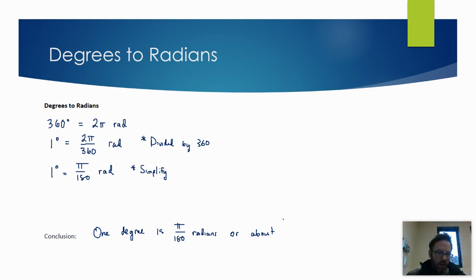It's about 0.0175 radians, so pretty tiny in terms of radians. So that's how we can convert from degrees to radians. Now that we have these conversion factors, let's get some practice stating some angles in radians and stating some angles that are in radians in degrees.